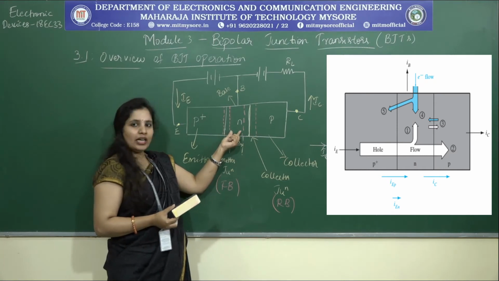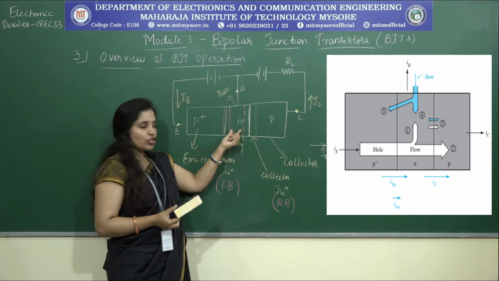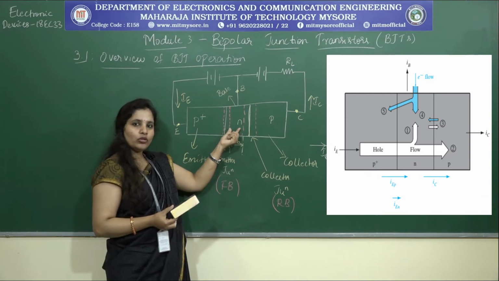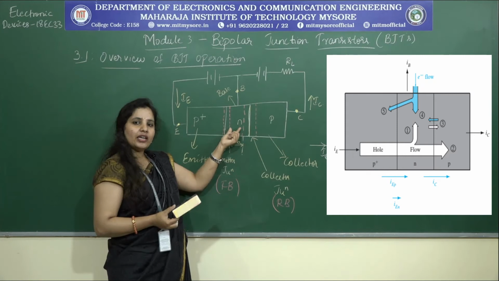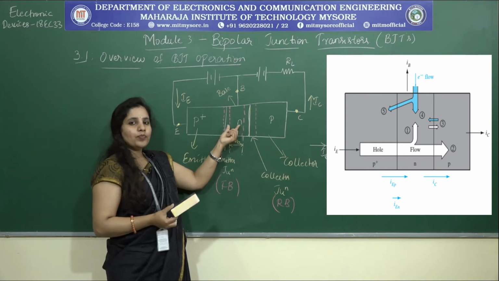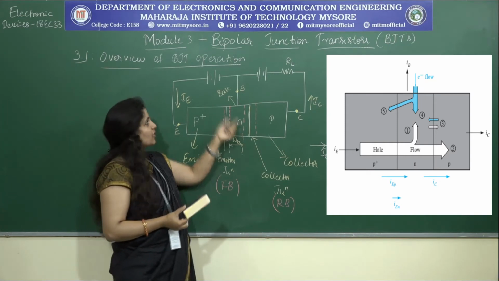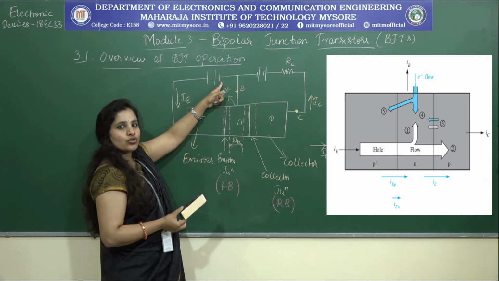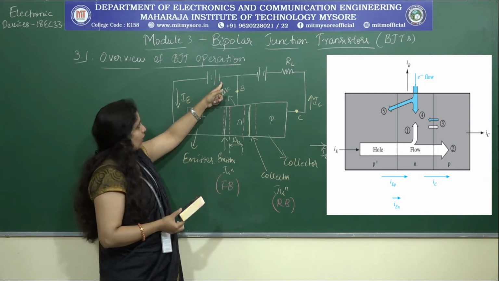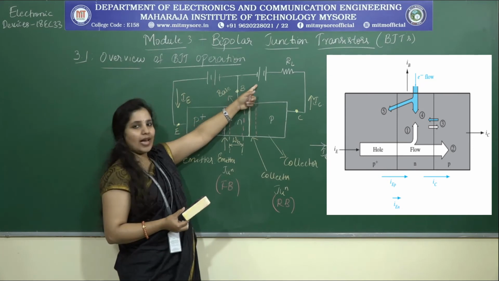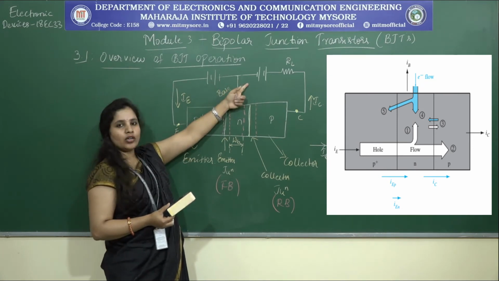Now when this recombination takes place, there is a reduction in the electrons present in the N-type that needs to be compensated, right? Now how will I compensate that? By providing electrons through the external source that I have connected. So what will these external sources tend to do?